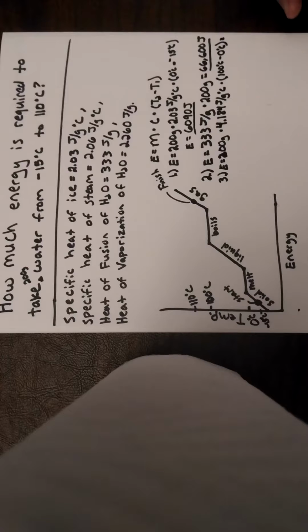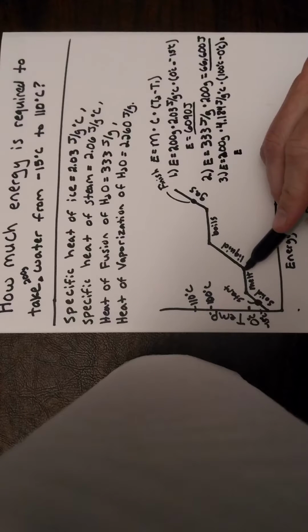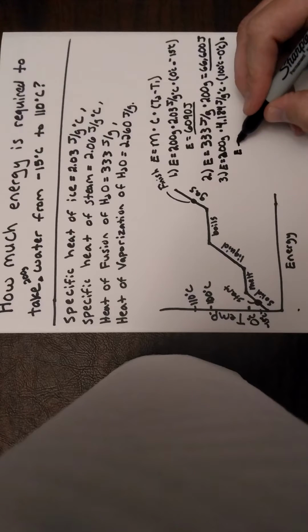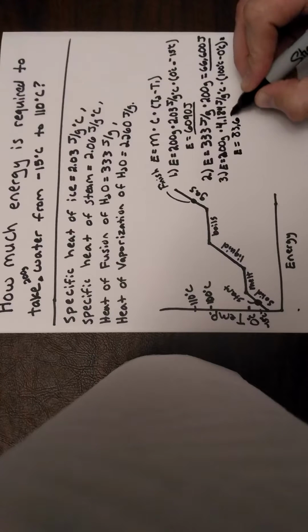So now we'll take our 200 grams times 4.184 times 100 minus 0, which is just 100, and get the energy it took to bring it from 0 to 100 in liquid water form. That calculates out to 83,680 joules.